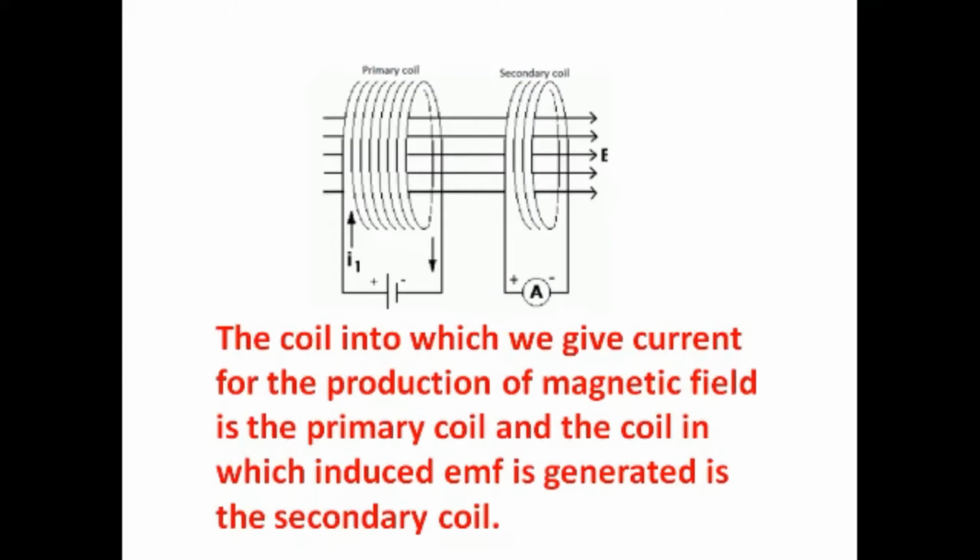And in the secondary coil there is a bulb, and that secondary coil generates the induced EMF because of the primary coil. So in the primary coil a magnetic field is produced, and by the induction of this magnetic field an induced EMF is generated in the secondary coil.